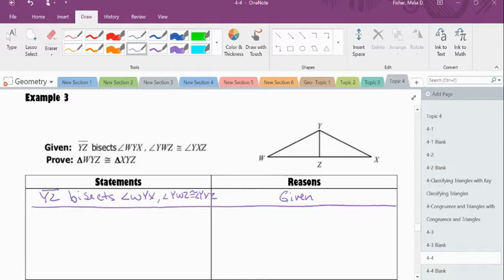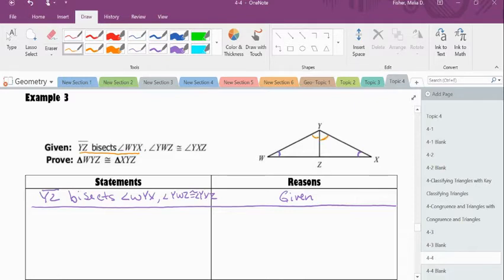We're going to make sure we mark those on there. So YWZ is this angle, and YXZ is this angle. Those are congruent. And the fact that YZ bisects angle WYX means that this angle and this angle are congruent.